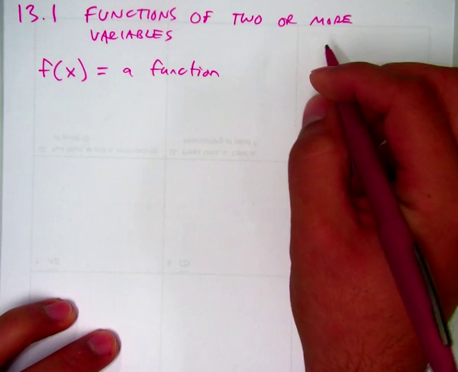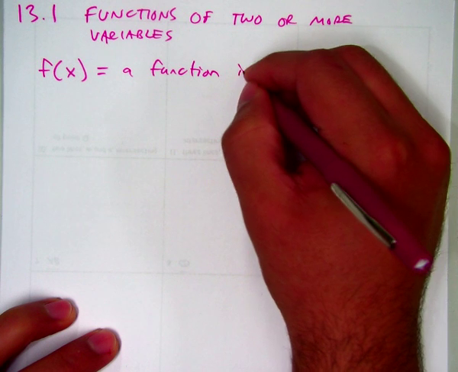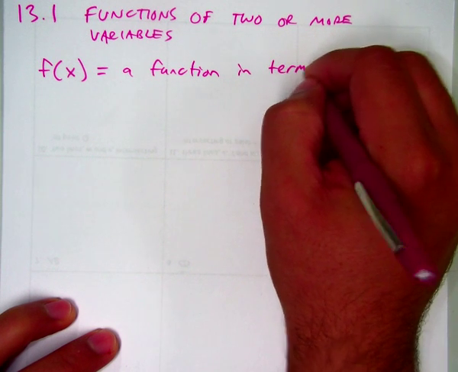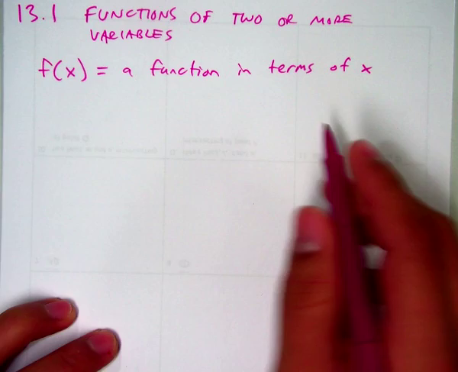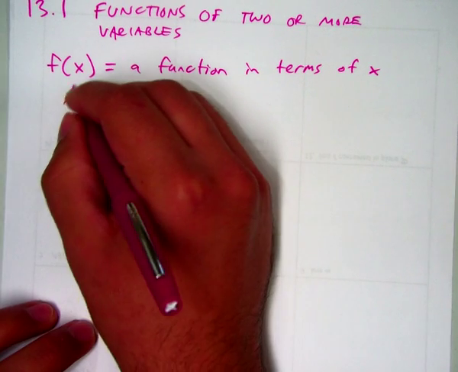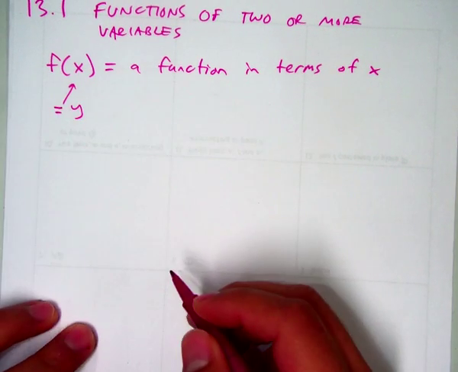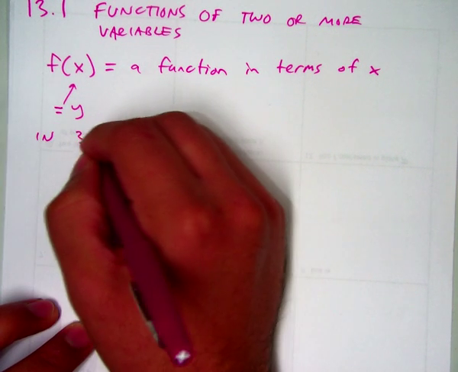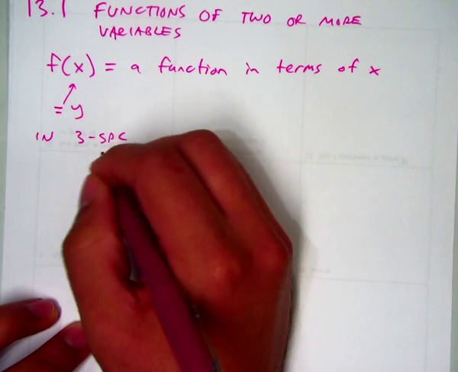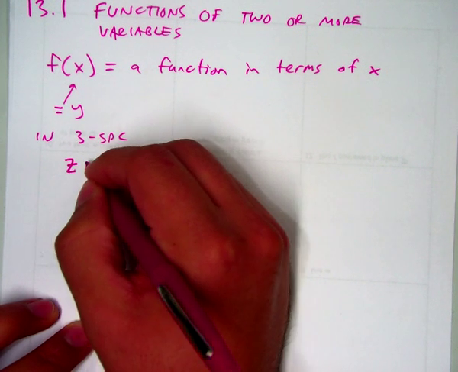Alright, so we already know that the notation f of x represents a function in terms of x. Sometimes we also call this y. Now, in 3 dimensions, or in 3 space, instead of using y as the dependent, we use z as the dependent.